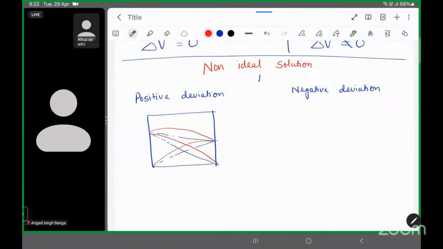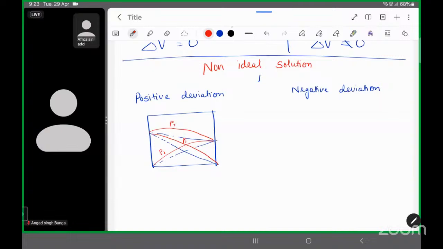Is that clear? The vapor pressure is a little higher than according to Raoult's law. This is P1, this is P2, and this is PT. Vapor pressure is higher than normal pressure.